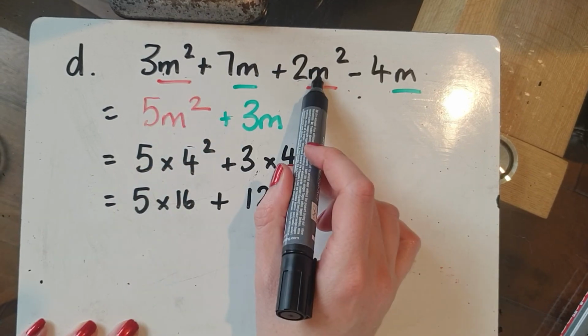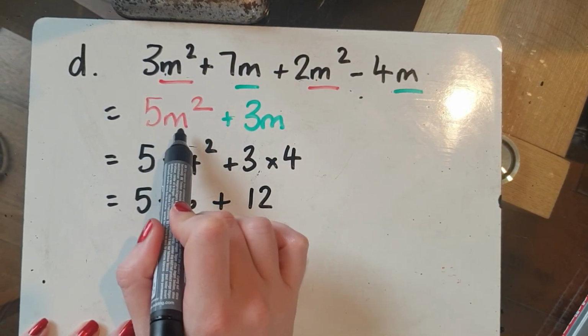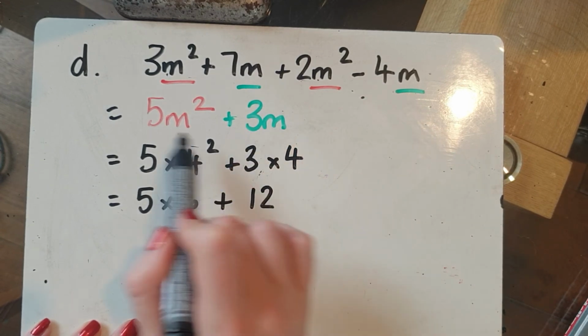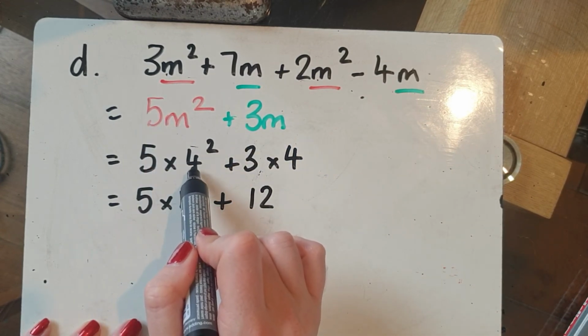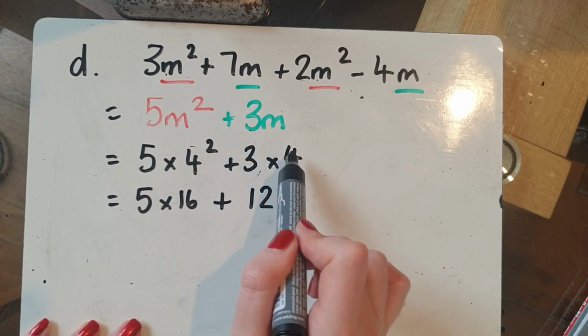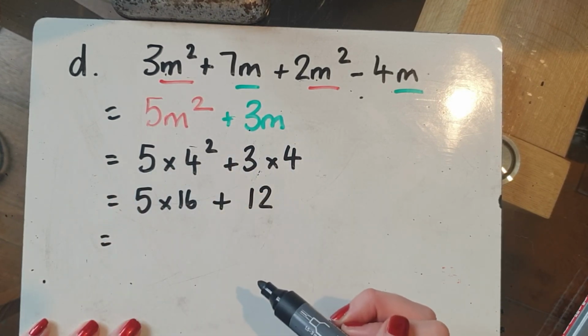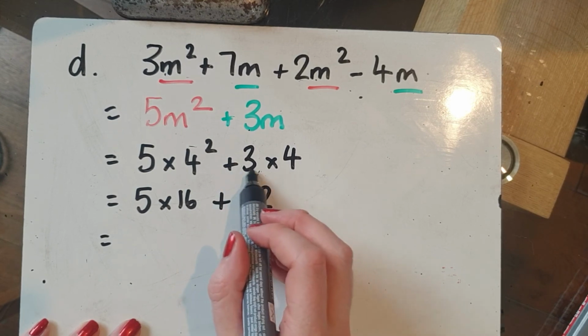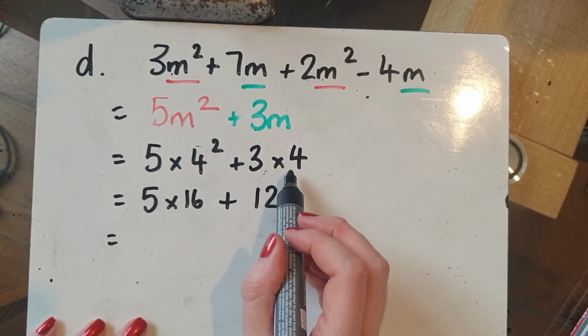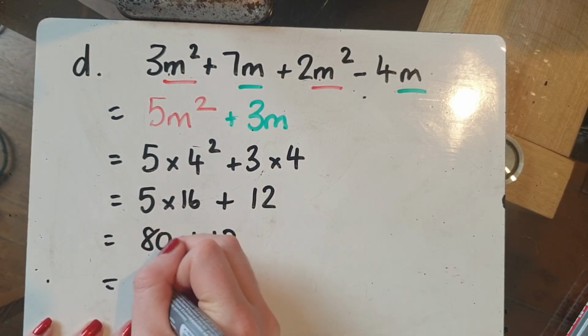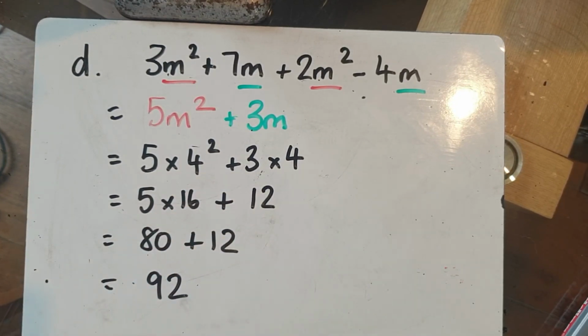So 3m squared plus 2m squared is 5m squared. 7m minus 4m is 3m. So I've got 5 times 4 squared, because m is 4, plus 3 times 4, because m is 4. So I've got 5 times 16, plus 12, which is the 3 times 4. So I've got 80 plus 12, which is 92.